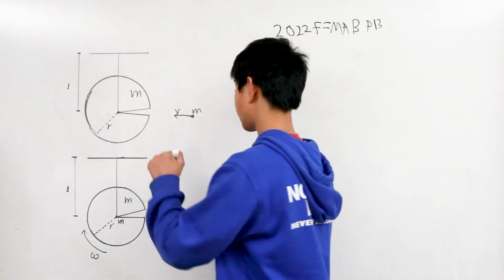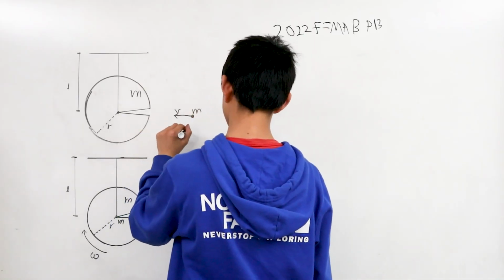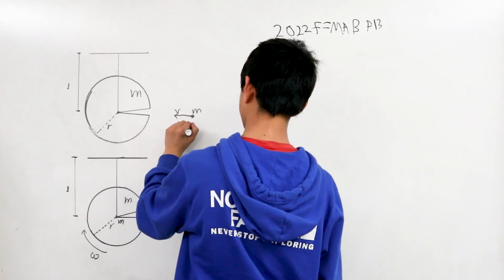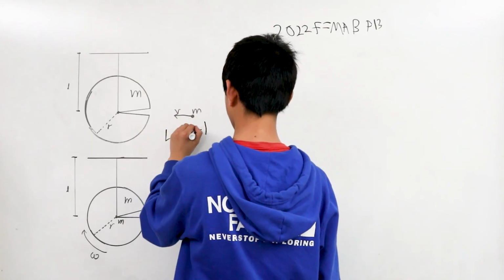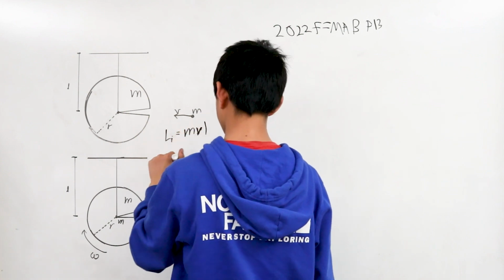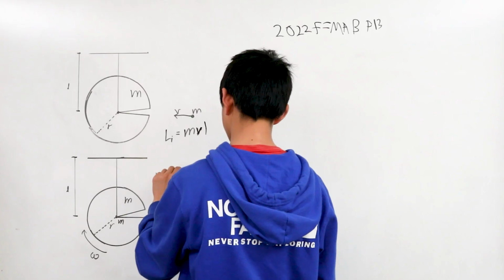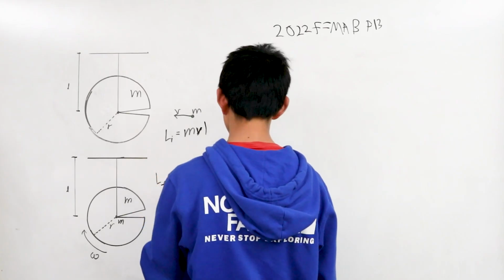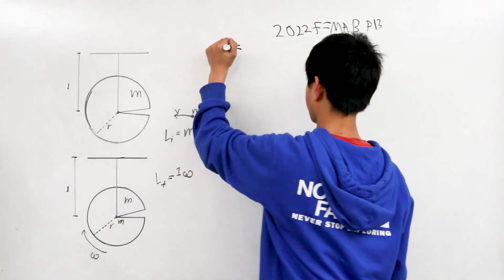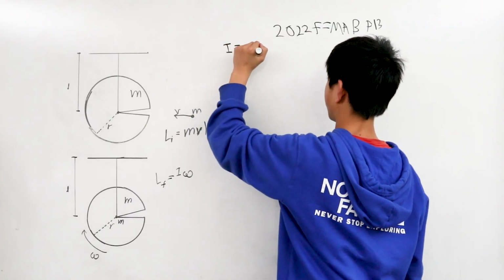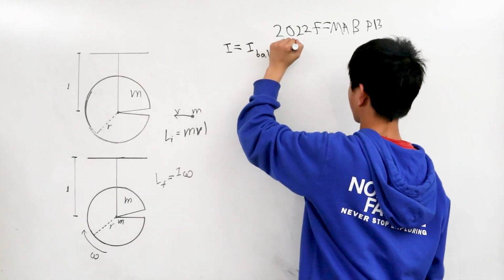It then shows that the initial angular momentum, called L, is equal to m v L, velocity times L. And then the final angular momentum is equal to inertia times omega, where inertia for this problem is equal to the sum of the inertia of the ball and the inertia of the block.